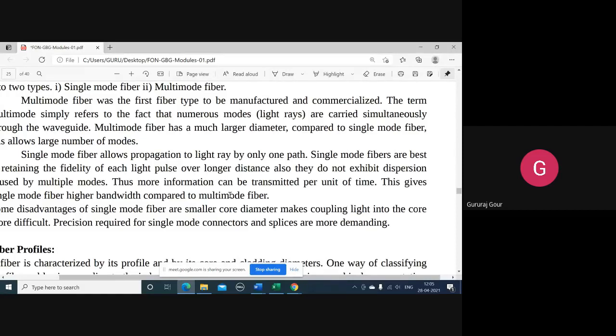So if you take a single optical ray transmitting in the fiber optic core, the core is made up of glass or some kind of material. It is not a conducting one. Of course, it will support the propagation. That is the sole property of the optical fiber.